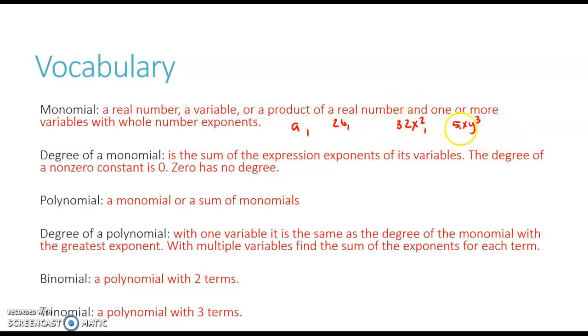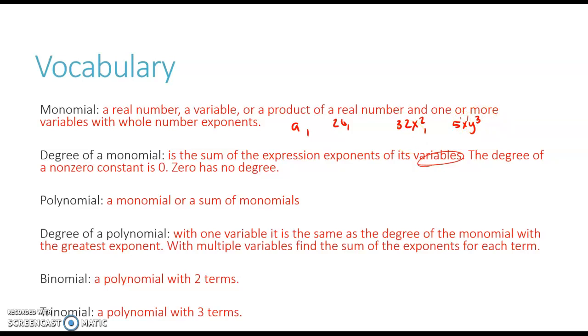And then when I do the 5xy cubed, the x has an exponent of 1, the y has an exponent of 3, but really we're looking at the exponents of its variables. So I'm just going to take 3 plus 1, which gives me a degree of 4.